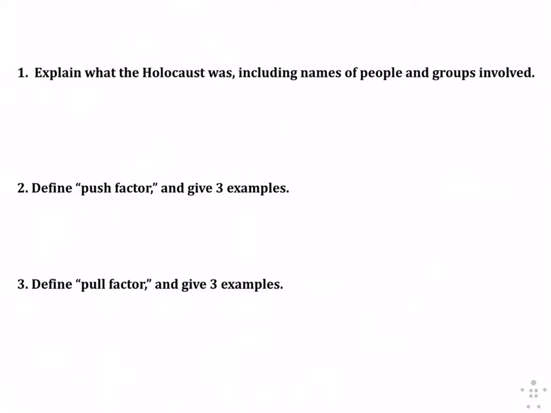The next section is talking about the Holocaust, and it's asking what exactly was the Holocaust, including some people and groups involved. So remember, the Holocaust took place during World War II, and you had Germany at the main front of that war, led by Adolf Hitler. Adolf Hitler was trying to persecute the Jewish people, and not just the Jews, but other minorities as well, but specifically the Jewish population.